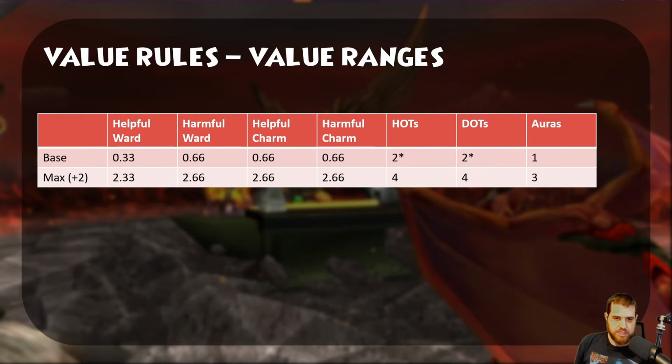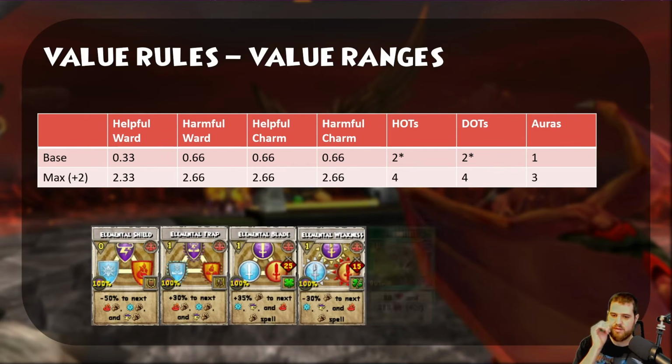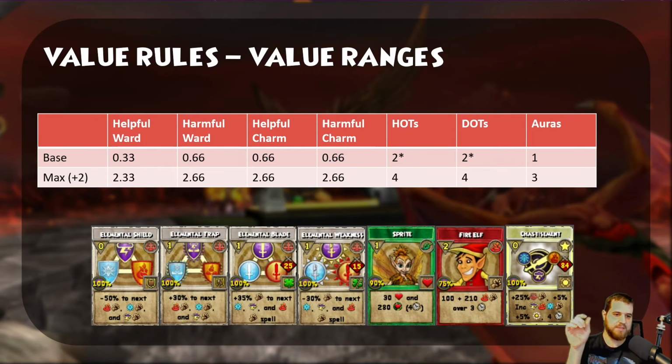Value ranges. So this is the value of a specific effect. Let me just show you the examples. So a helpful ward, shield. The base is 0.33. The reason for that is because there's an elemental shield that creates 3 at 0 pips. A 0 pip spell is worth 1, divided by 3 is 0.33. So that's why that's the base there. So basically a shield's value can go from 0.33 to 2.33.